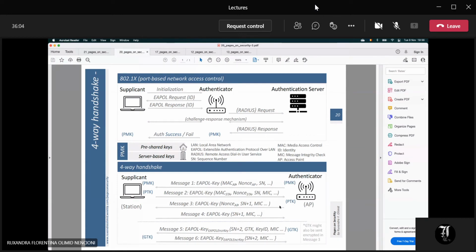Okay. And also do a man in the middle. Yes, it might do man in the middle. How? If he can take from message 2, he should be able to continue with 3, 4, and so on. And as a consequence, why?